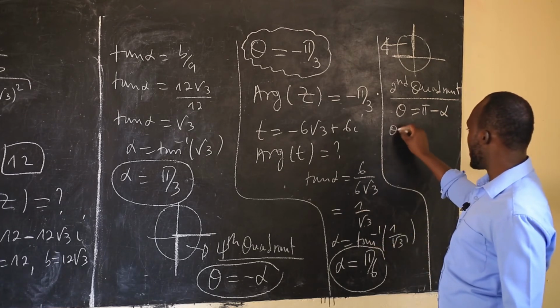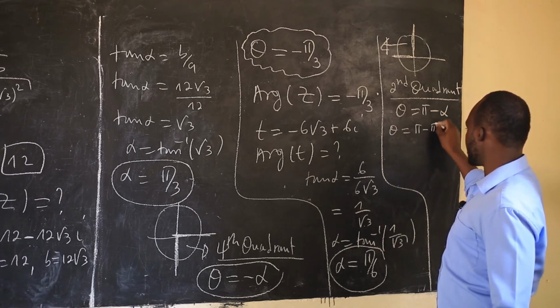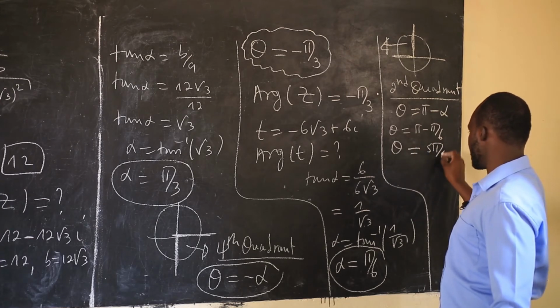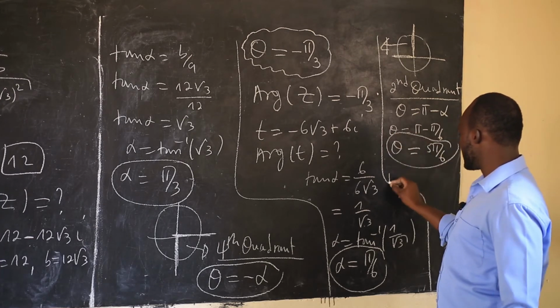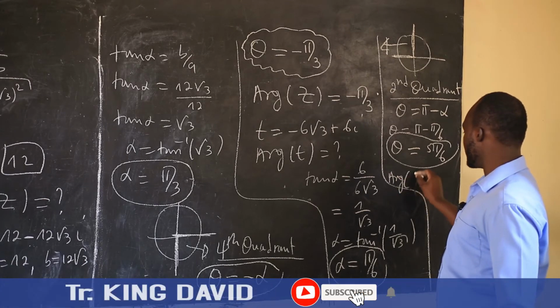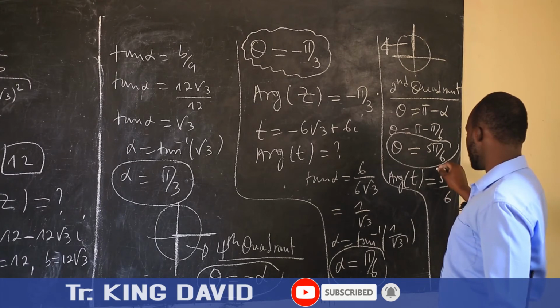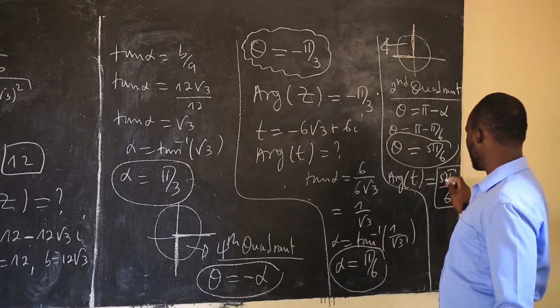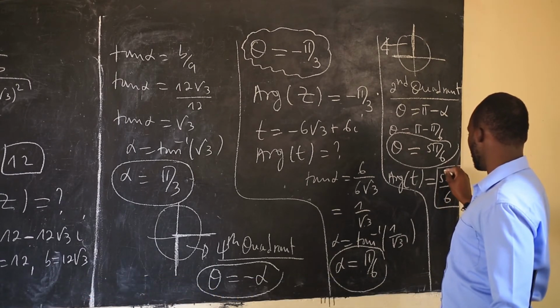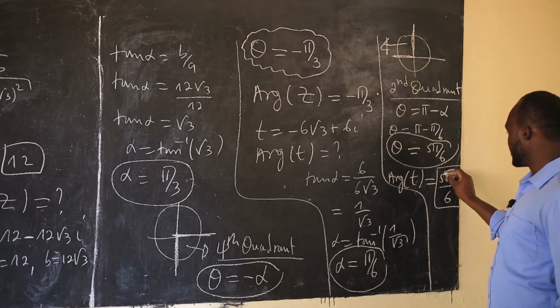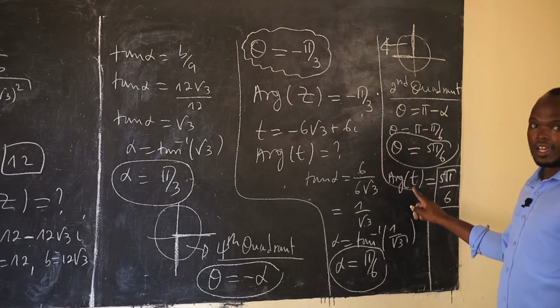So therefore, our angle will be pi minus pi over 6. So which means that the angle will be equal to 5 pi over 6. So which means that the argument of t is equal to 5 pi over 6. That's the answer. It is 5 pi over 6. That's the argument of t.